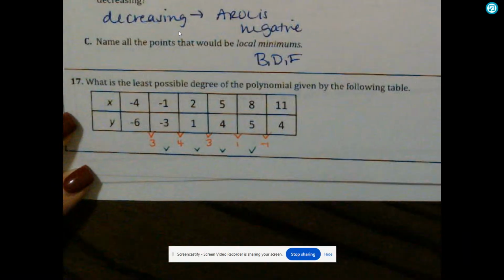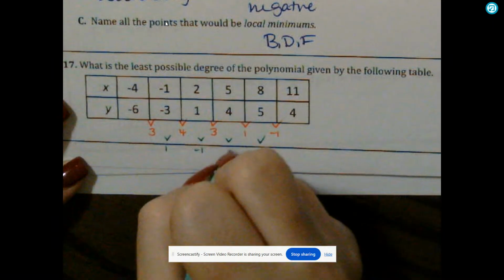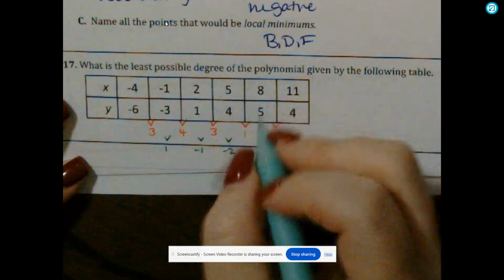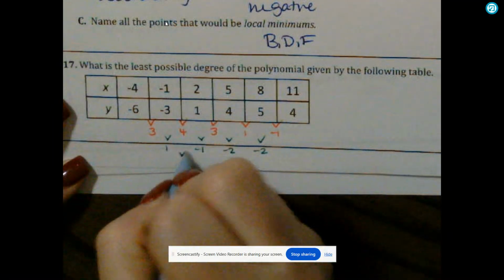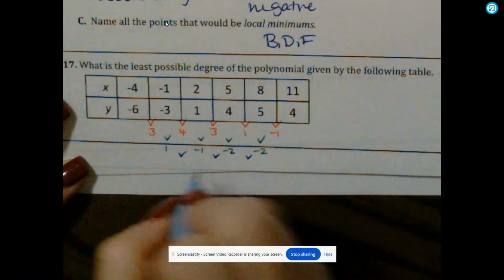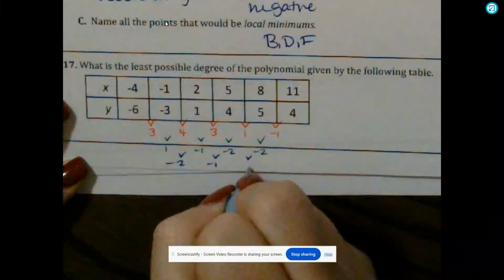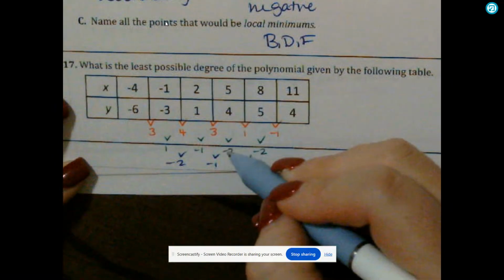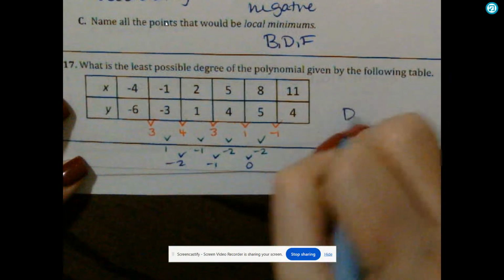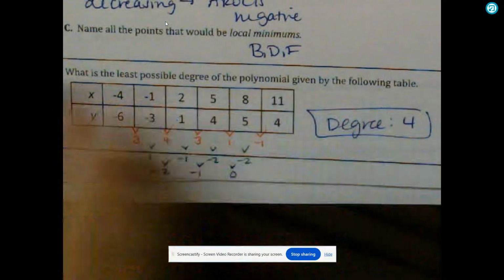My next differences would be 1, negative 1, negative 2, negative 2. My next differences would be negative 2, negative 1, and 0. And then my next differences would be 1 and 1. So that's going to be 1, 2, 3, 4, because the fourth differences are the same.